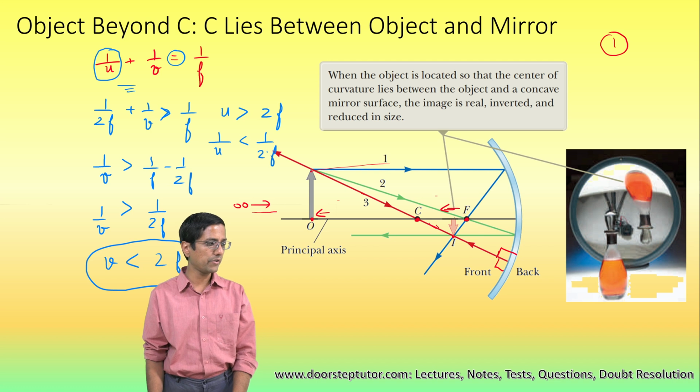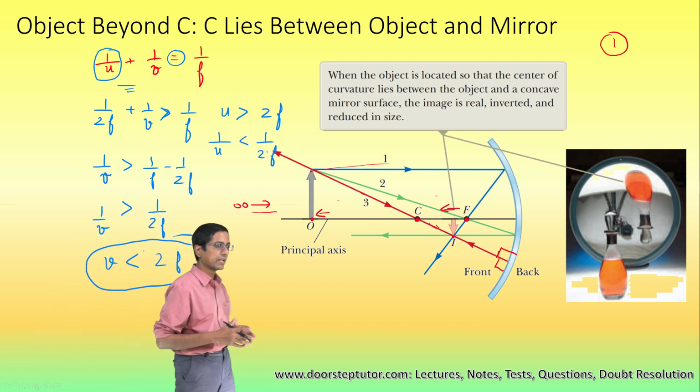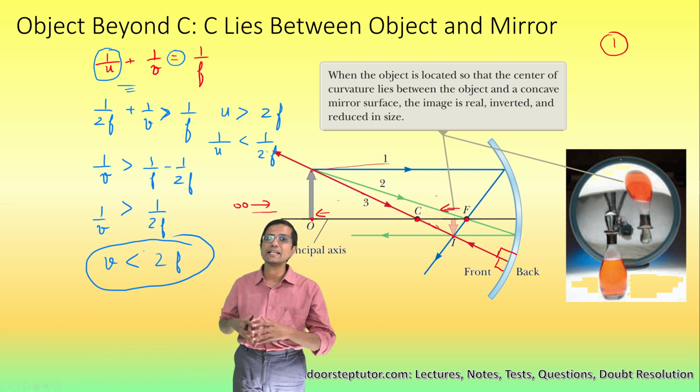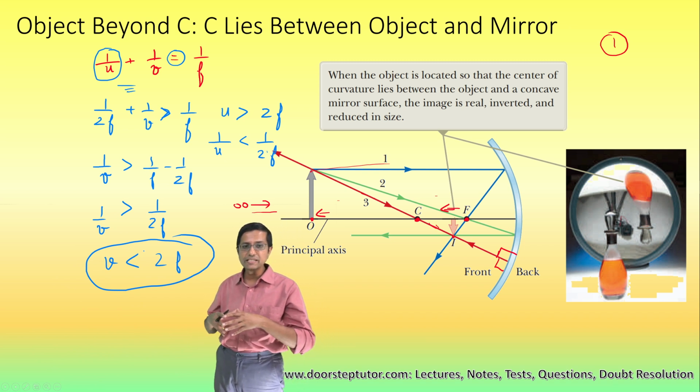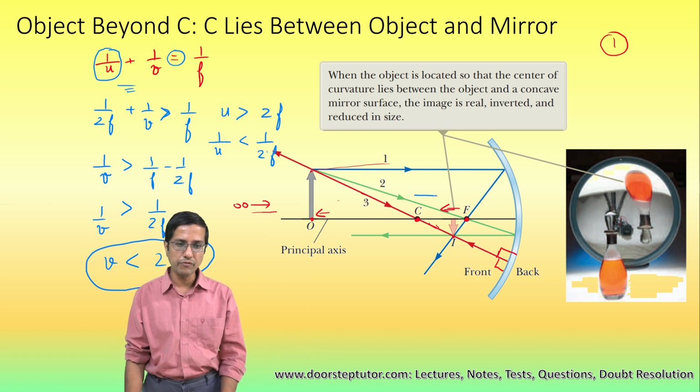This is what we have come to understand, that my image distance will be less than 2f. What does it mean? This is 2f, but my image would be formed at less than 2f, which means my image would lie in this region.